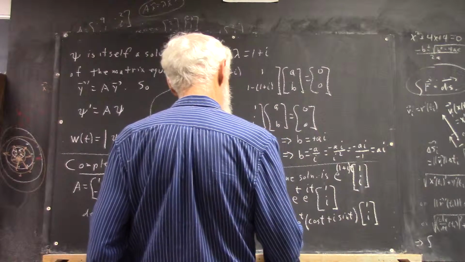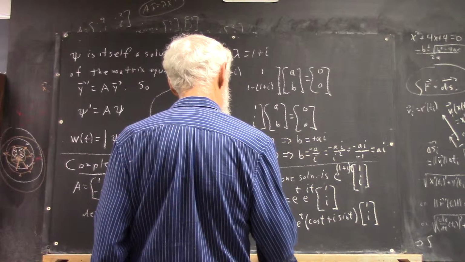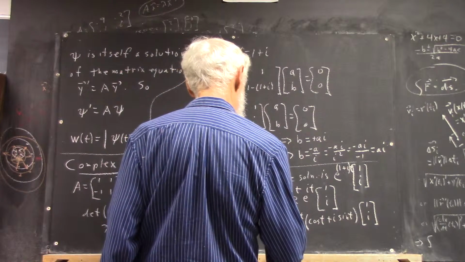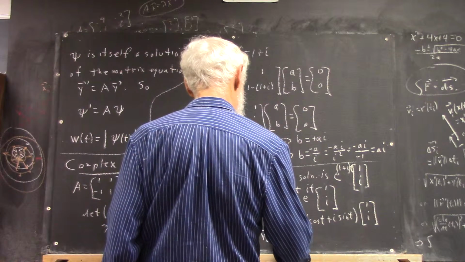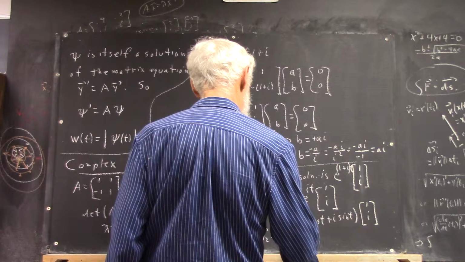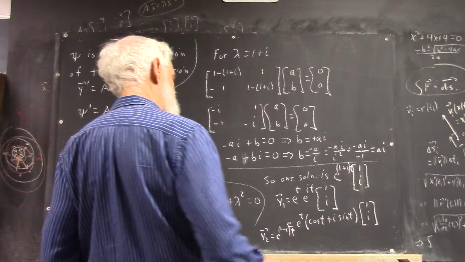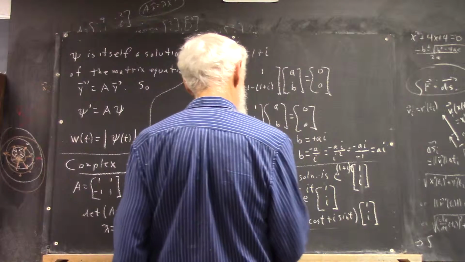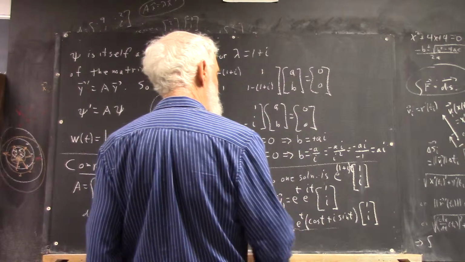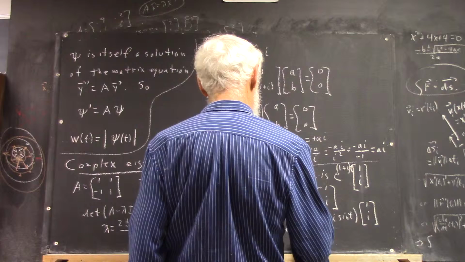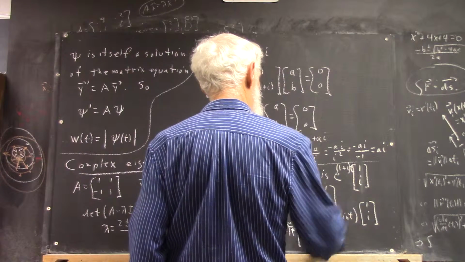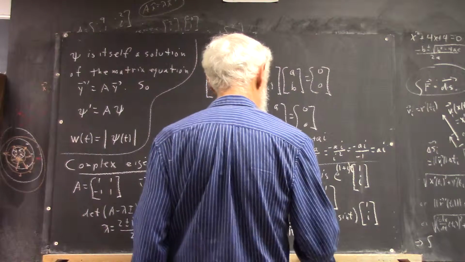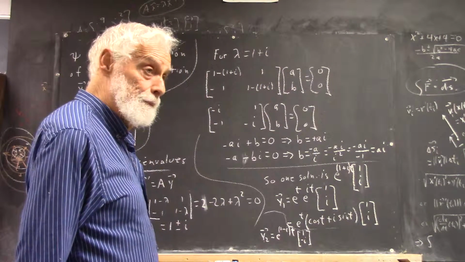So y2 is going to be e to the (1 minus i) times t times the eigenvector, and it's going to be 1, negative i. Okay?